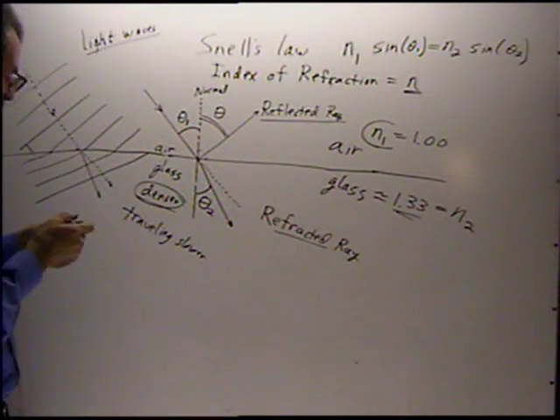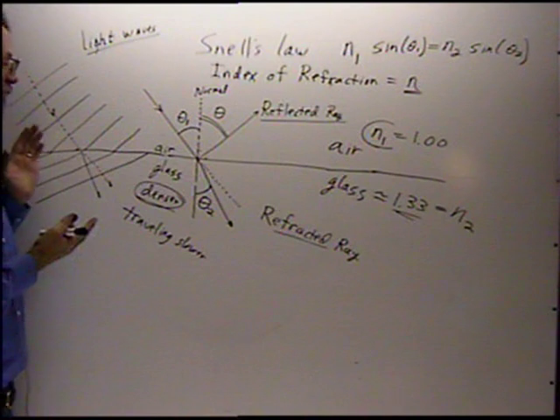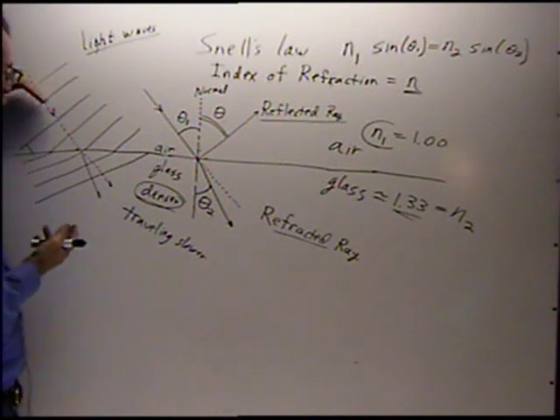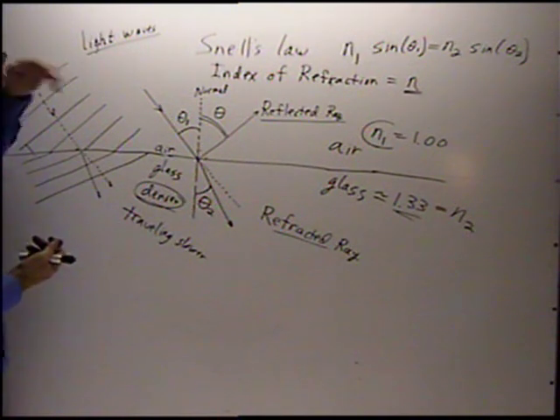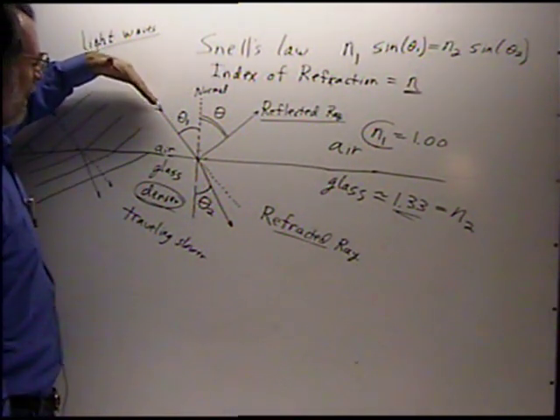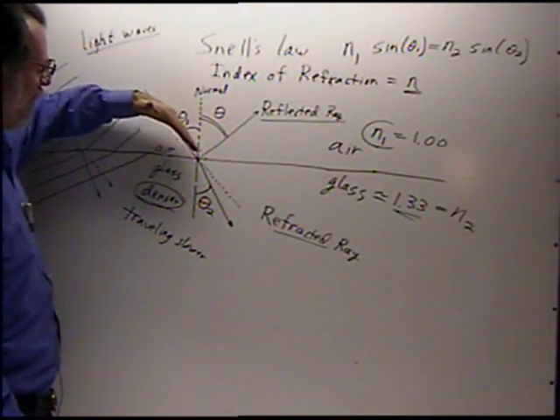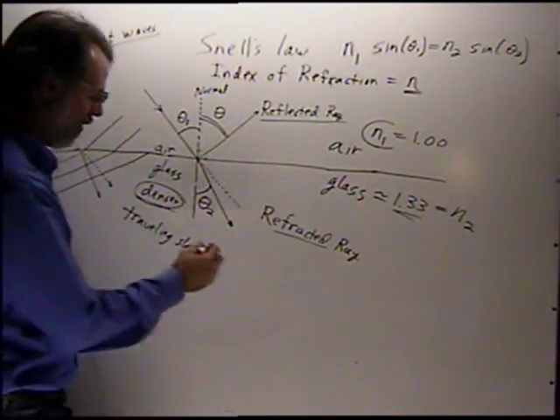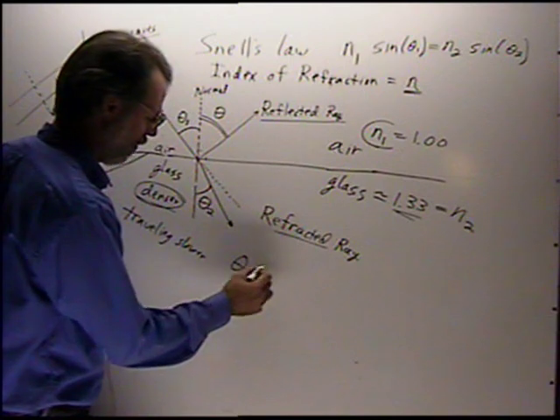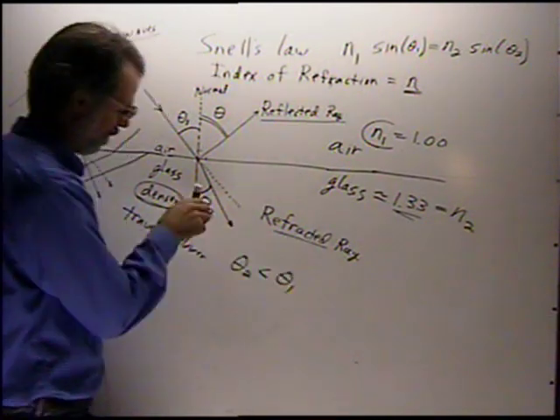So that's a physical description of why there's a bending of the light ray in the glass. Now remember, when the light ray comes in, it bends into the glass toward the normal. So this theta 2 angle to the normal is less than theta 1.